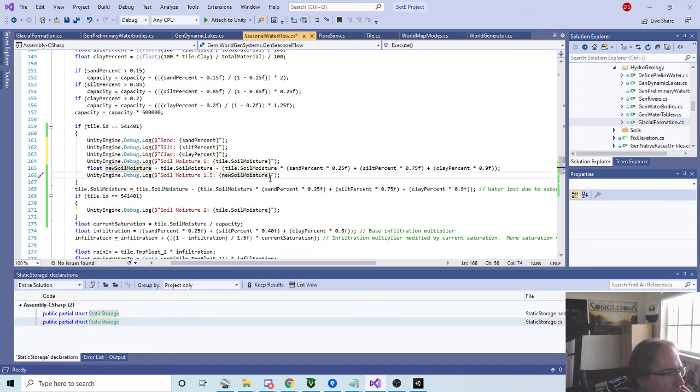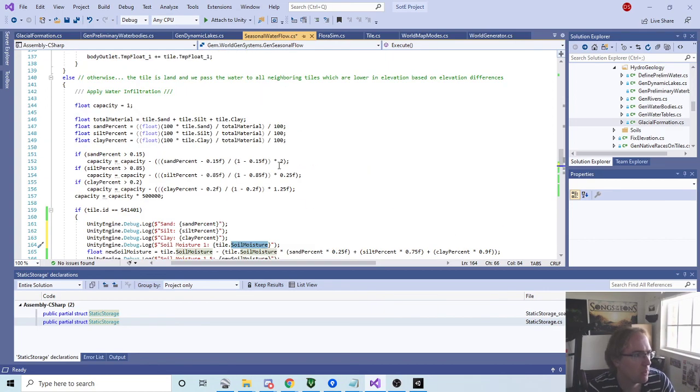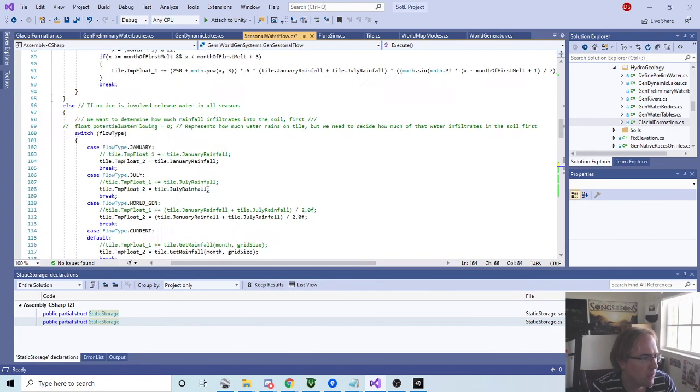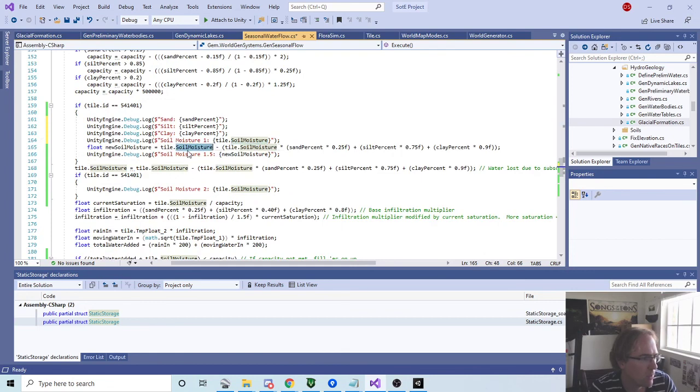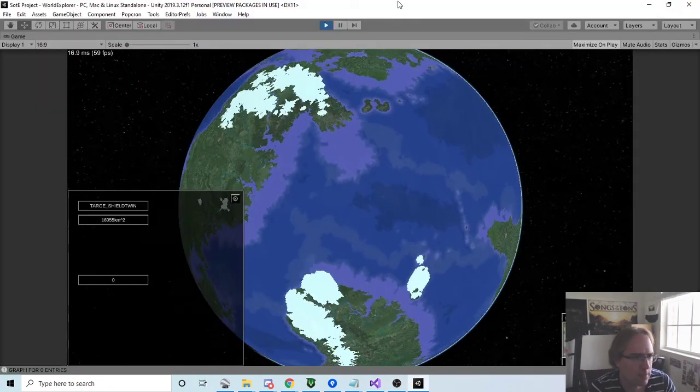I don't understand. Logging it out the first time, it says that it is 0. I'm so confused. Nowhere, anywhere here do we have soil moisture recalculating.